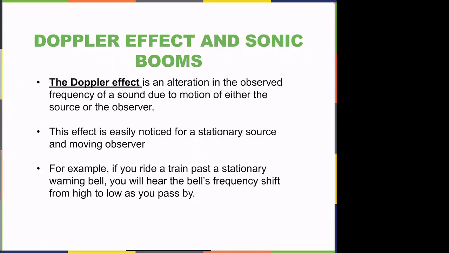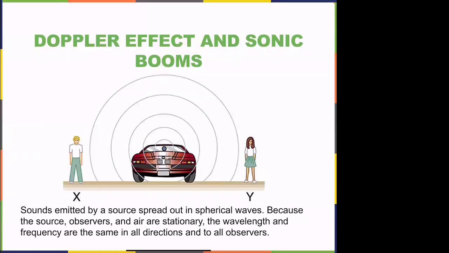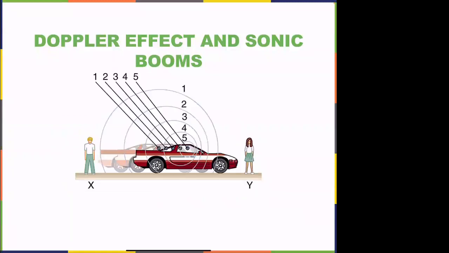So let's just take a look at this. Here's a car putting out some sound at a regular interval. You can see they're arriving at the girl and the boy at the same interval because the car is at rest, so the velocity of the source equals 0. Now when the car starts moving, the velocity of the source is to the right.